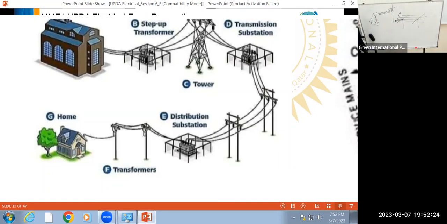So near our house, we have poles there, R Y B N. So we have four-wire systems there. If you see the four-wire system, then this entire thing we call the distributors. So it is a small wire.